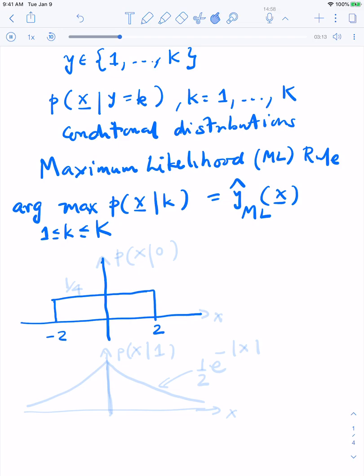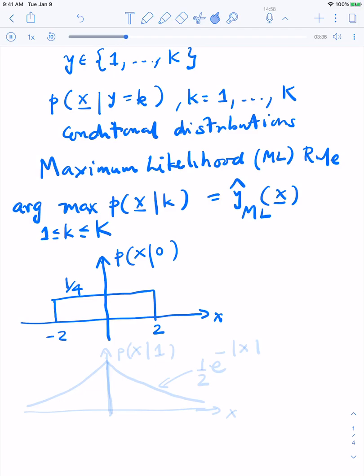This is what the density looks like, and of course the density has to integrate to 1, so its height is 1/4. The area under the curve is 1, and let's say this is P of X given 0. As a function of X, this is my density.